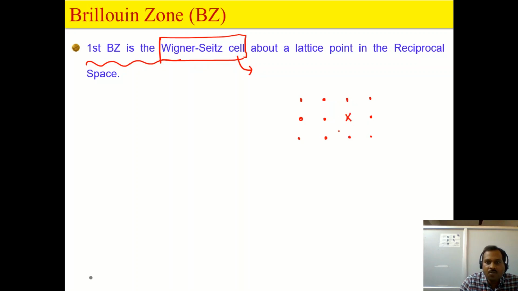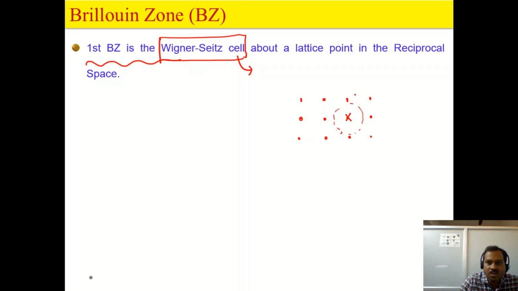Then I have to find the region surrounding it which is closer to this point than to any other lattice point, and that region is called the Wigner-Seitz cell in real space. Similarly, we have lattice points in the reciprocal space, and the Wigner-Seitz cell in the reciprocal space is called the first Brillouin zone.